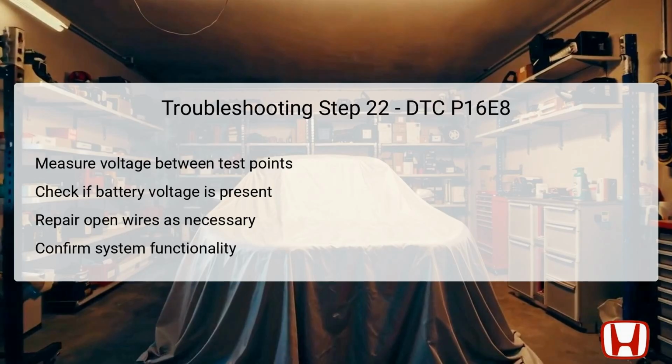Verifying whether battery voltage appears at these points will dictate the need for either wiring repairs or component replacement based on the readings. If voltage is indeed absent, this confirms an open circuit flaw, necessitating fixes in the grounds and VMP lines, ensuring robust connectivity and functionality throughout all components in the LIN system axis.